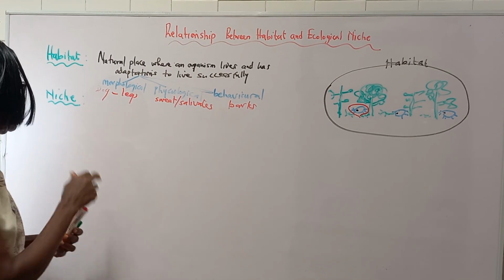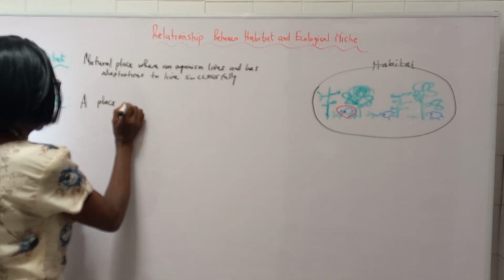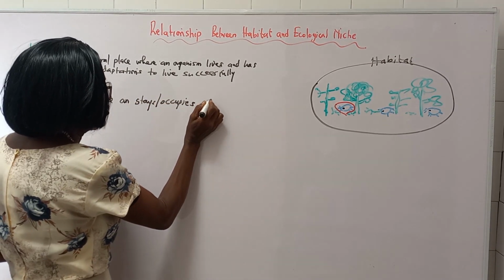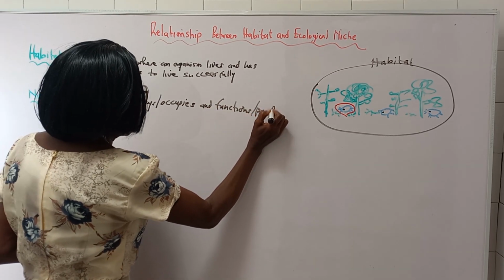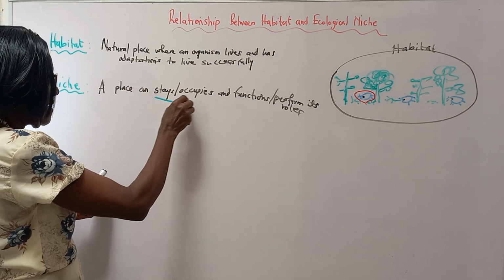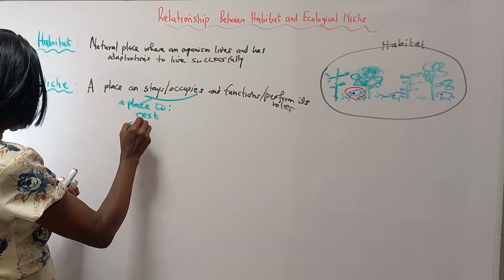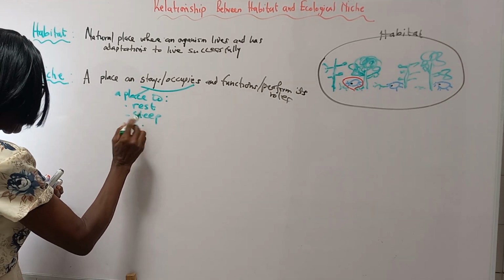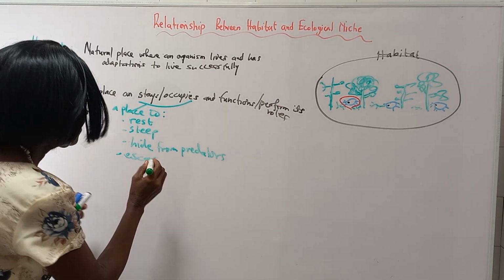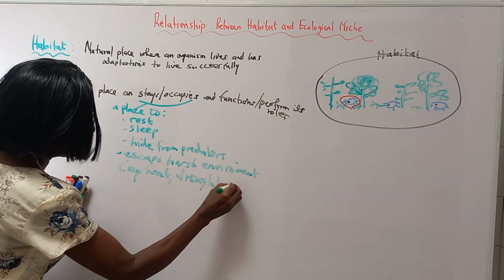Now, what about a niche? A niche is a place where an organism stays or occupies and functions or performs its roles. Organisms can stay or occupy a place just to rest or sleep or hide from predators, escape harsh environmental conditions, e.g. heat, drought, snow.